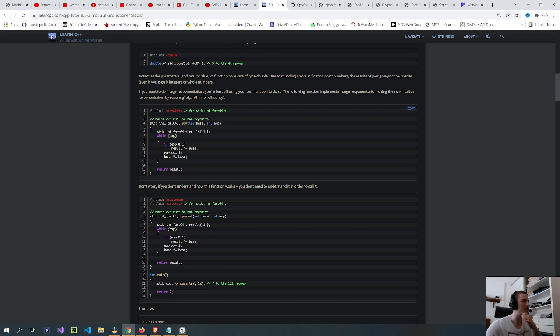It seems like it's assigning the exponent to exponent shifted by 1. Base equals base times base. Don't worry if you don't understand how this function works, you don't need to understand it in order to call it. Yeah, but that's not satisfying at all. Must be non-negative.